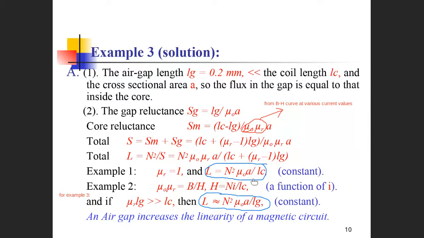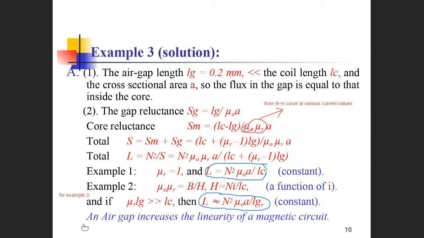Example 1 is a constant, mu0 over Lc. For example 3, if mu r times Lg is much larger than Lc, then you get an almost constant value. But this constant is much larger than the other one, because Lc is much larger than Lg.